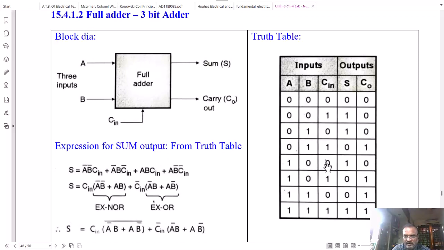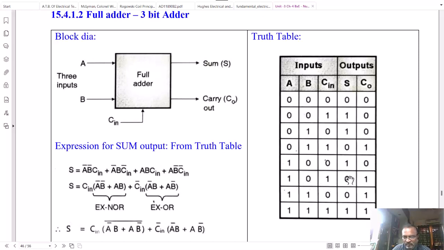Now next combination, here A is 1, B is 0 and C is 0. So 1 plus 0 is 1, plus 0 is sum equal to 1 and carry equal to 0. Next combination, A is 1, B is 0 and C is 1.